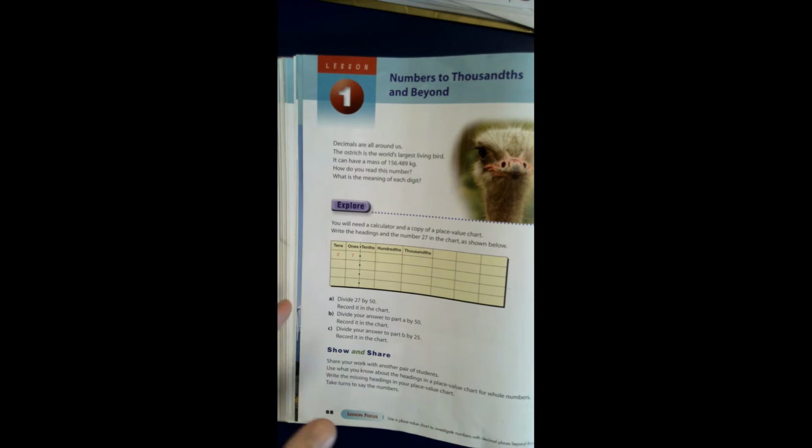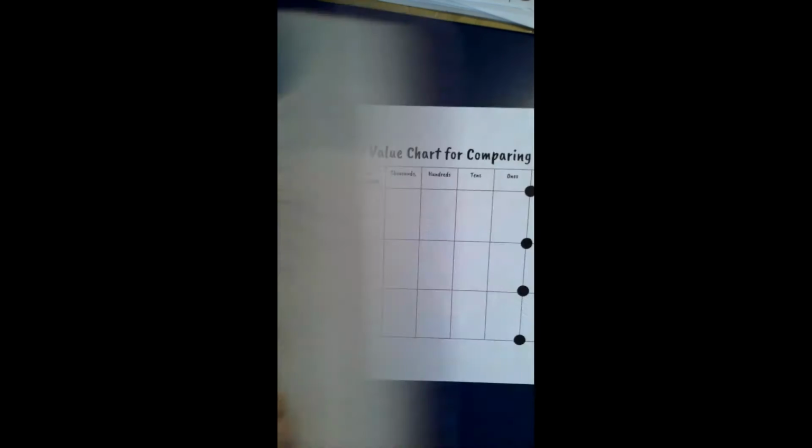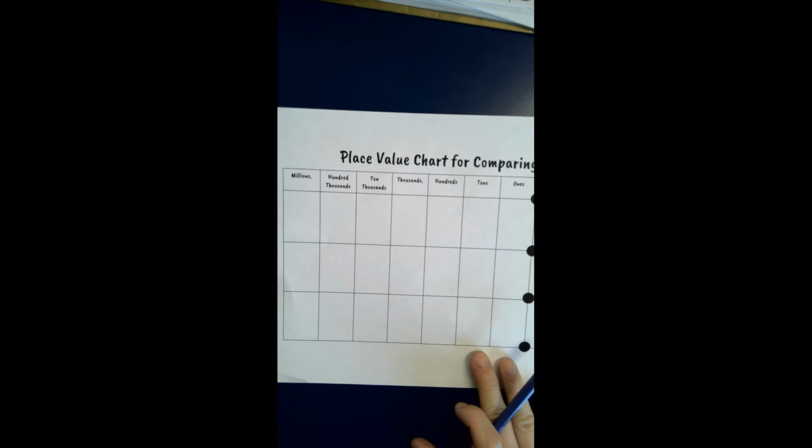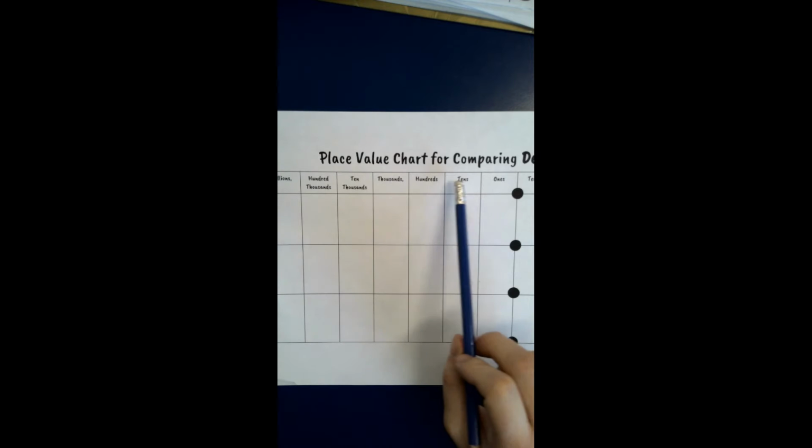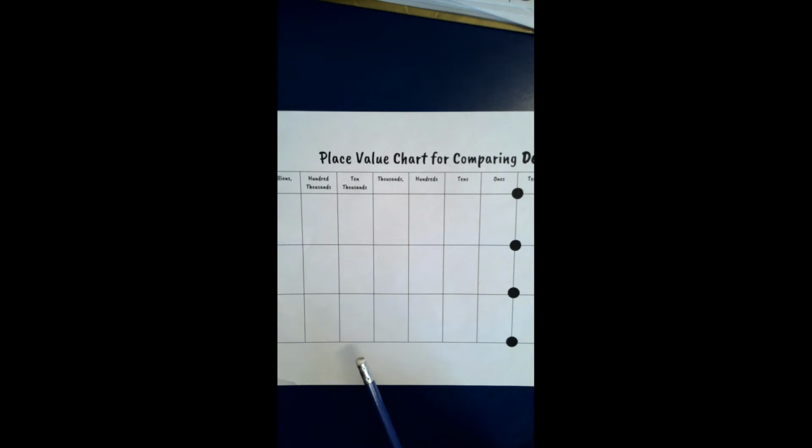Now, let's take a look at this place value chart, and what are we seeing? The place value chart that you have should look like this one. It says place value chart for comparing decimals, and it goes from millions all the way to 10,000 thousandths, sorry.